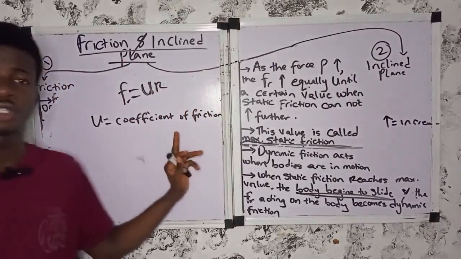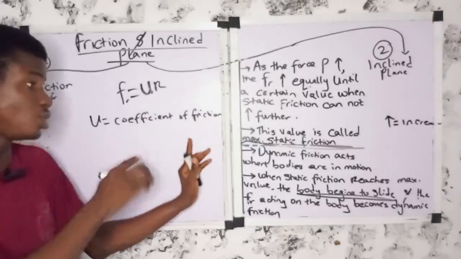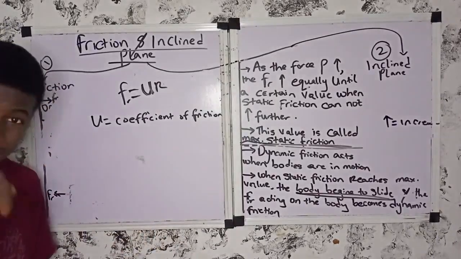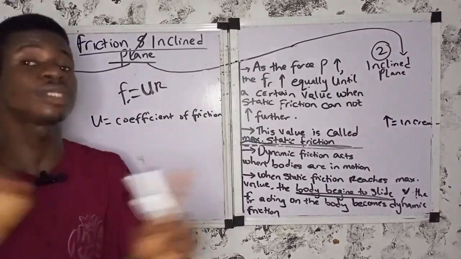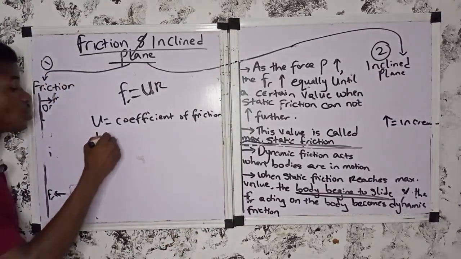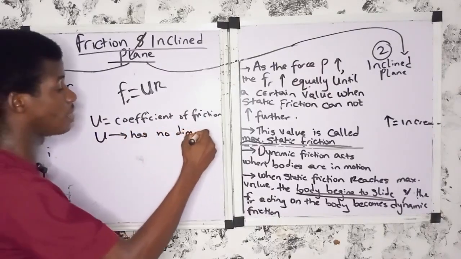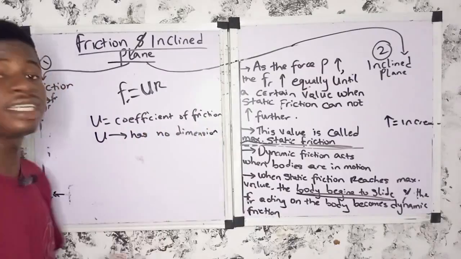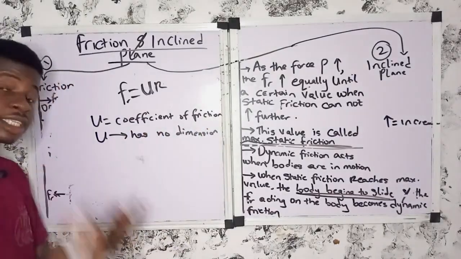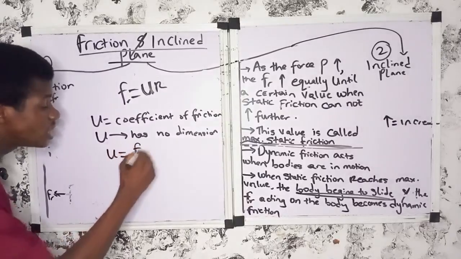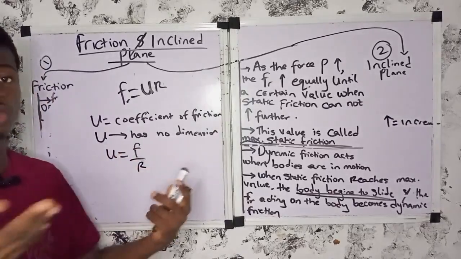What is coefficient of friction? You take notes. The important thing you need to take note of here: coefficient of friction is a dimensionless quantity. That means it does not have dimension. The reason is that coefficient of friction is the ratio of two forces.